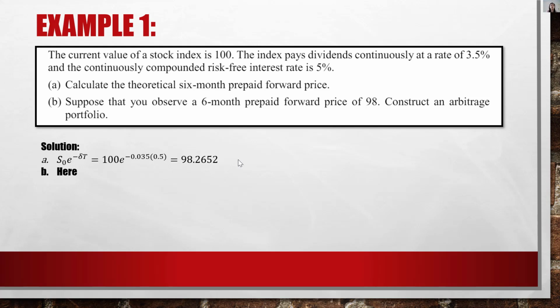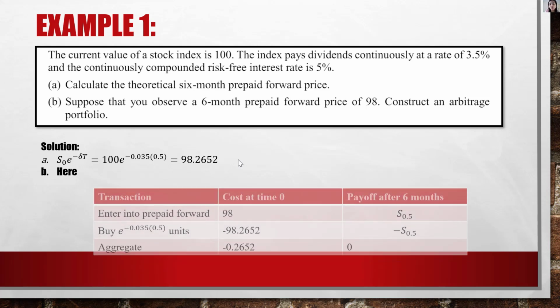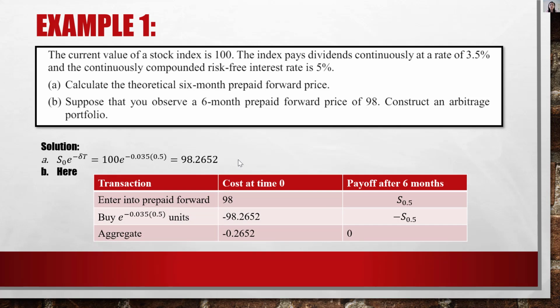And the second part: suppose that you observe a 6-month prepaid forward price of 98. Construct an arbitrage portfolio. Here, remember we have two strategies. The first strategy is to buy e to the negative delta T units. And the second strategy is to enter into a prepaid forward. So for the second, I list the second strategy first. We basically enter into a prepaid forward that delivers at time T, and T here is 0.5 because it is 6 months.